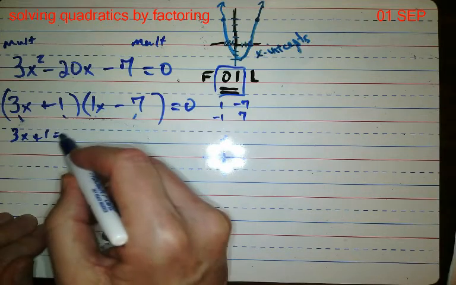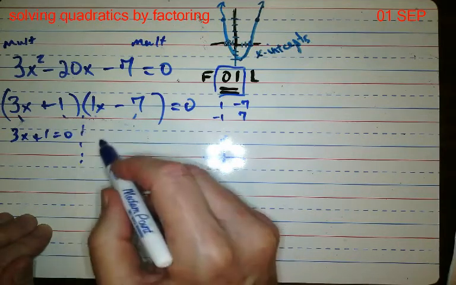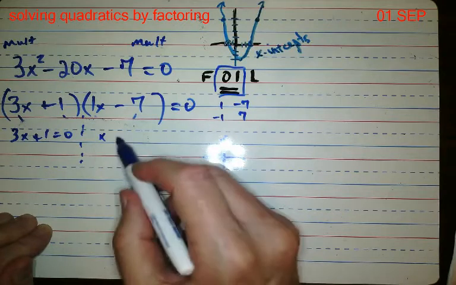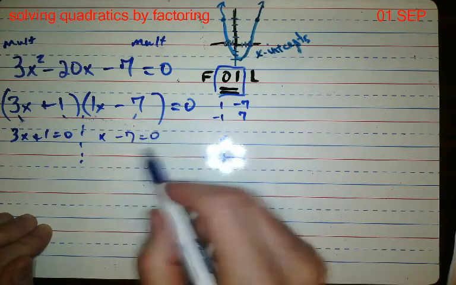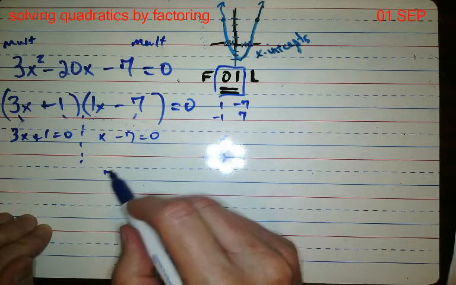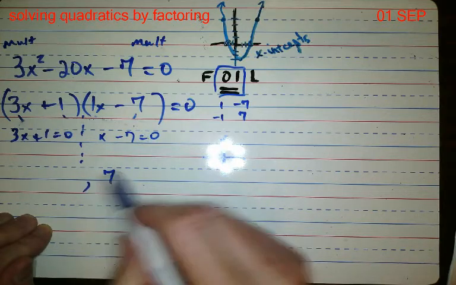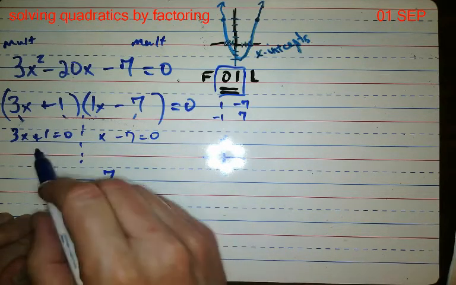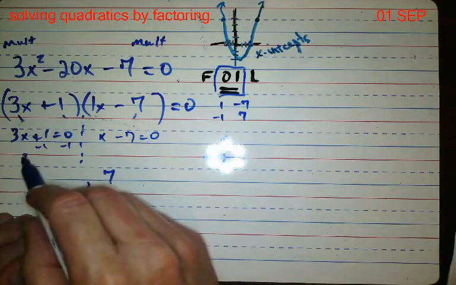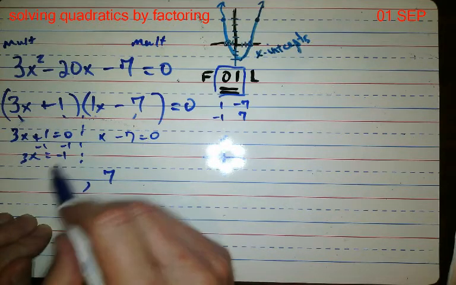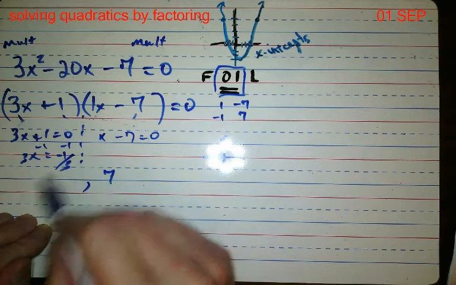So I have to do just like we did the other day. Plus 1, 0, and we put the dotted line right here. And then x minus 7 equals 0. Well, this one's x equals 7, right? And then this one, you have to subtract 1 from both sides, and then you have to divide by 3.